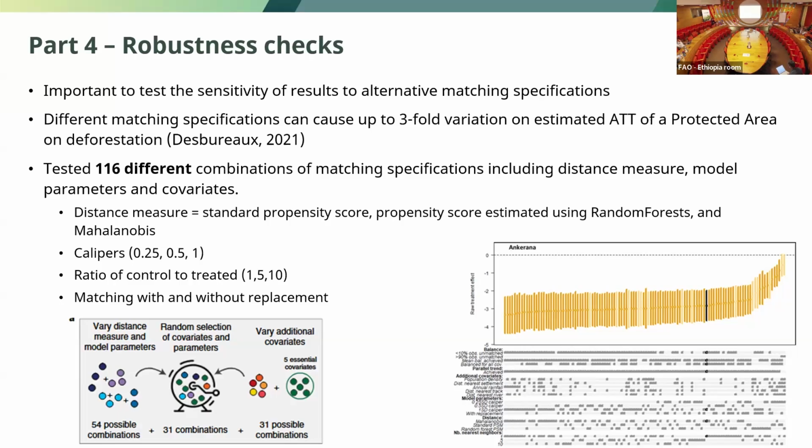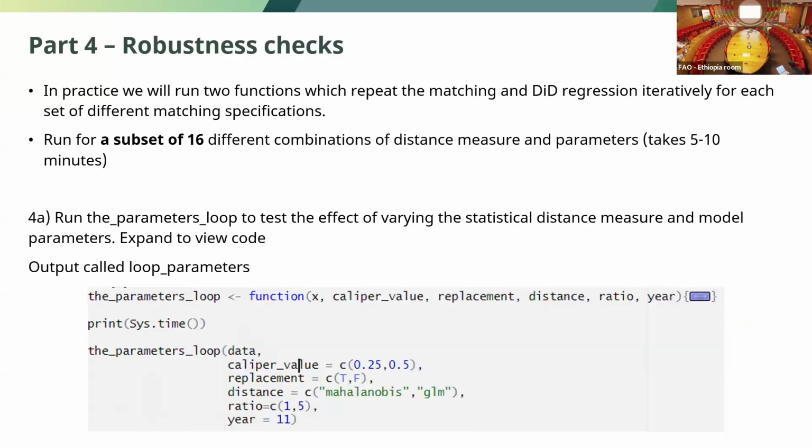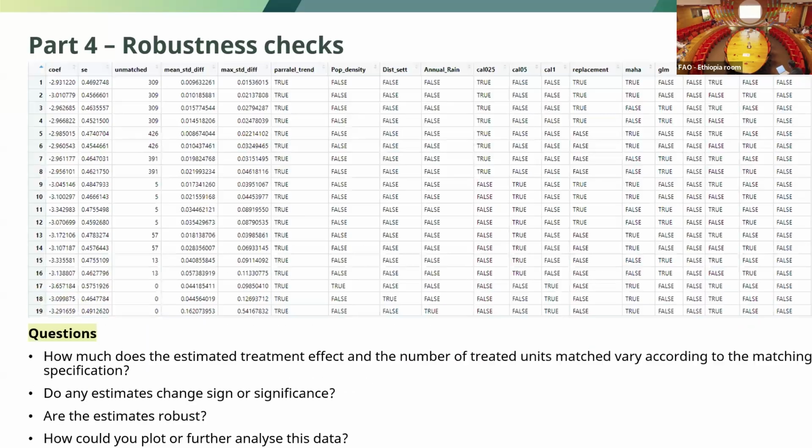And then it will run the matching, it will run the parallel trends test, and it will run the difference in differences, and it will output a table that looks like this.